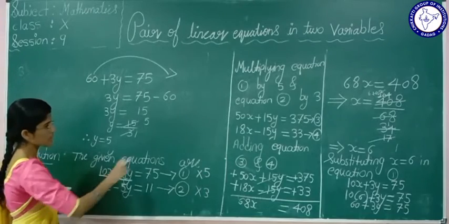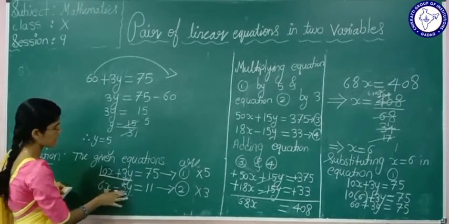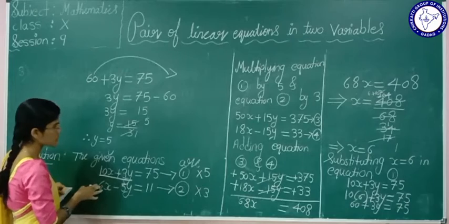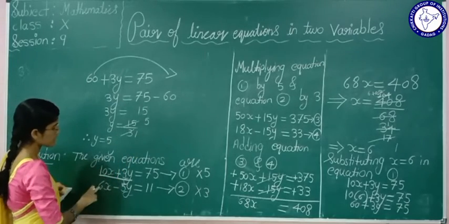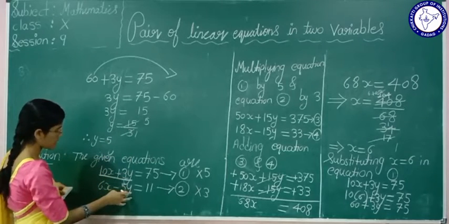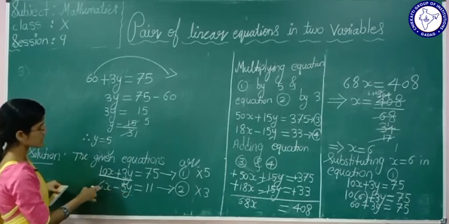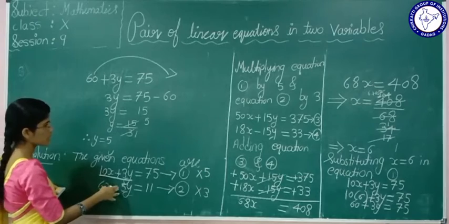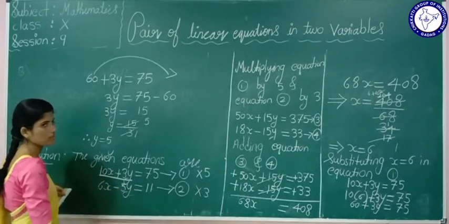Correct? Next here, put in this value. We will get LHS is equal to RHS. X is 6. 6 6s are 36. 36 minus 5 5s are 25. 36 minus 25 is 11.